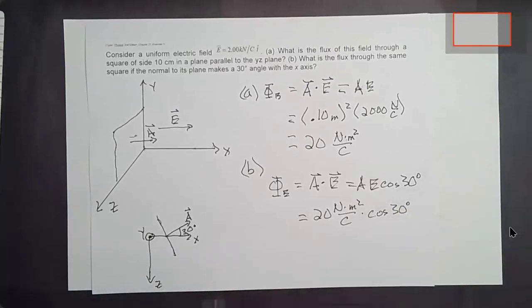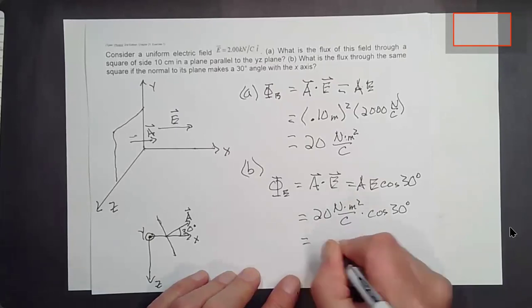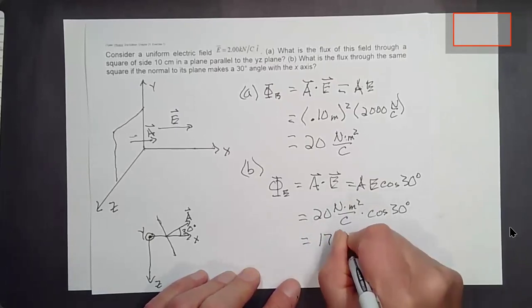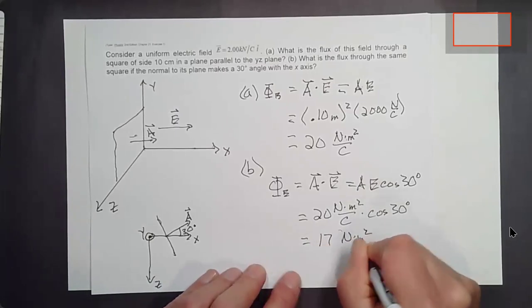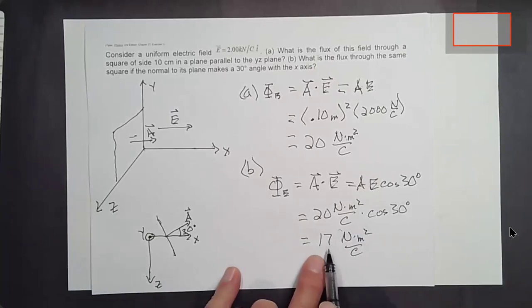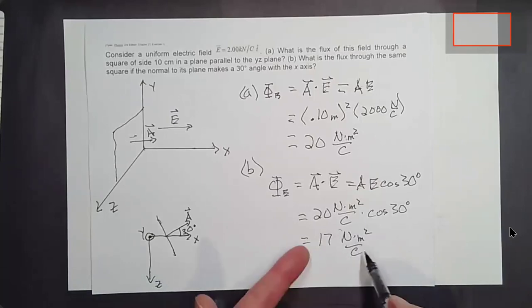It's still in my calculator. Oh, that's great. My calculator told me 10 times the square root of 3, which looked to me to be about, yeah, this is pushing things significant figures wise, but it's about 17. And to one significant figure, we'd still have 20 Newton meters squared per coulomb, but we could fudge a little and say that it's that.